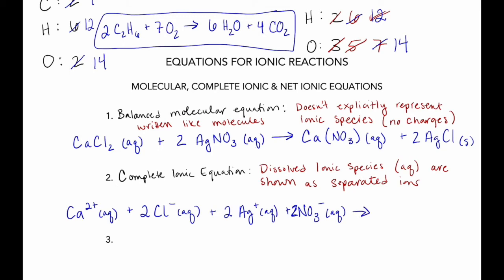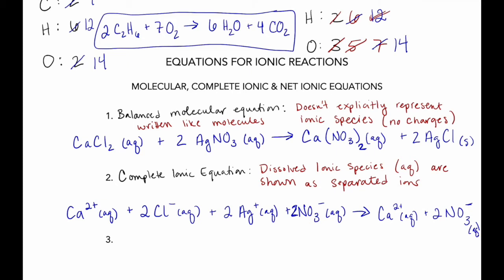And then on the product side, I have calcium nitrate. This formula, I have an error there. There's supposed to be a 2 on the subscript for nitrate, Ca(NO3)2. So here I have calcium 2+, aqueous, and 2 nitrates. Again, because that subscript is telling me the number of that type of ion, I make it a coefficient in this new equation.